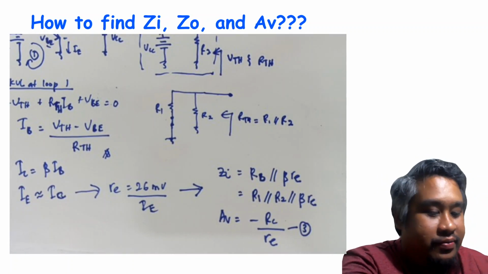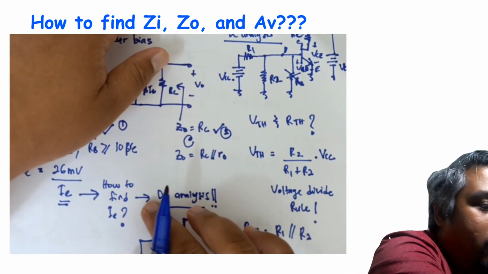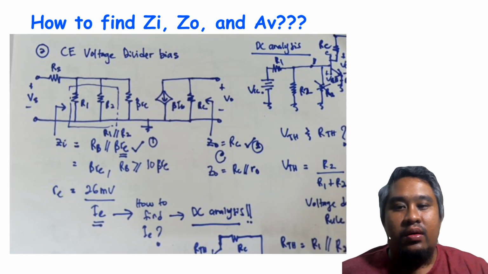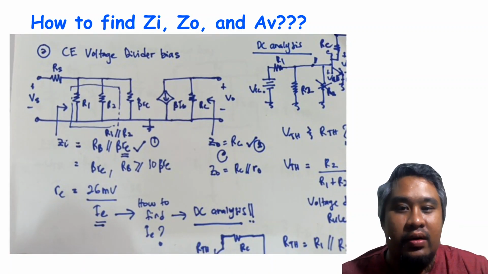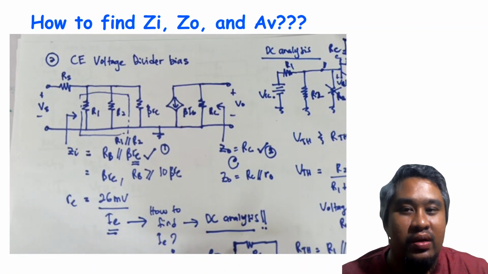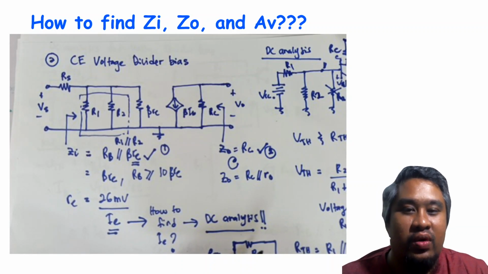Alright class, we summarize again. For the AC analysis, the first thing is to make sure all the capacitors are replaced with short circuits, and then remove the voltage source and replace it with ground.